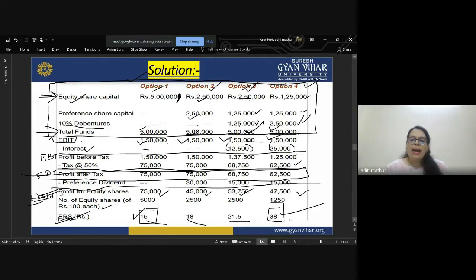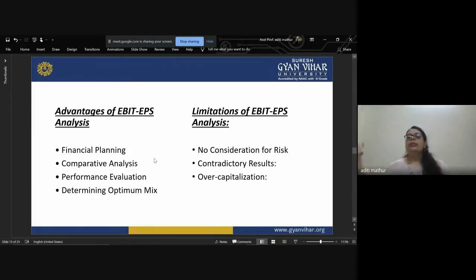And then how much my company was left with after paying the preference shares, right? So you get an actual analysis of the organization at different combinations of debt to equity. And the fourth and last advantage which you get is determining the optimum mix, because of which we were doing this entire calculation.